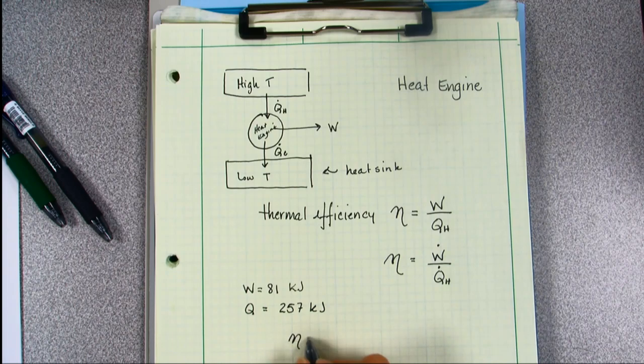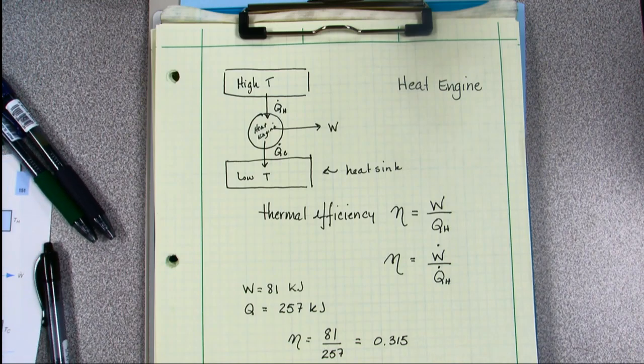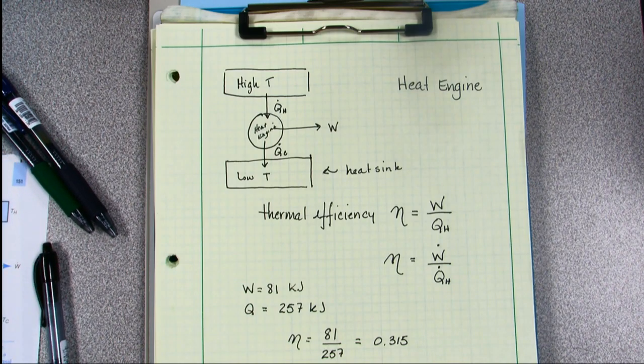So calculating the efficiency is pretty straightforward. 81 divided by 257, and that's going to give us 0.315. I'm going to double check the calculations. Yep.